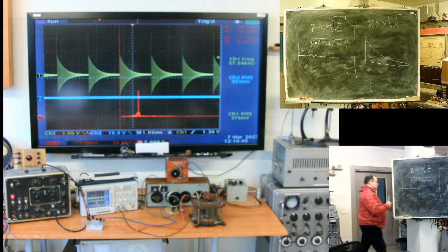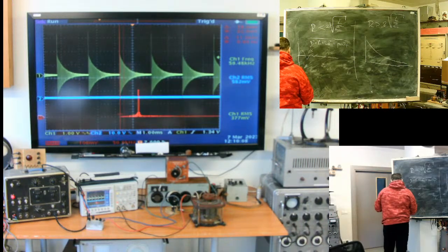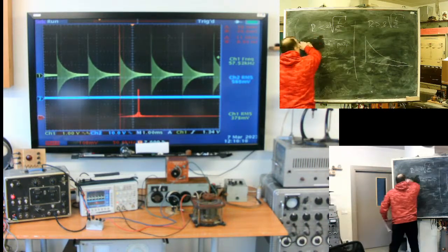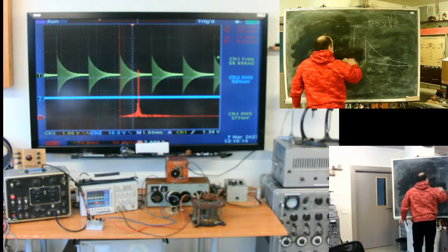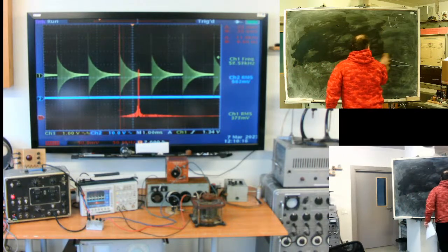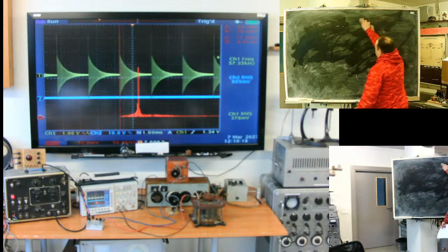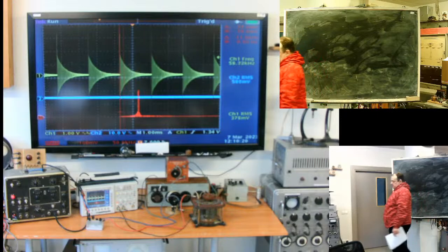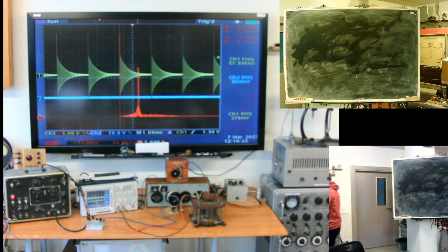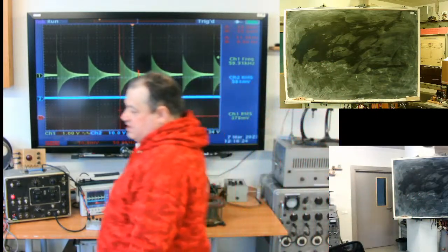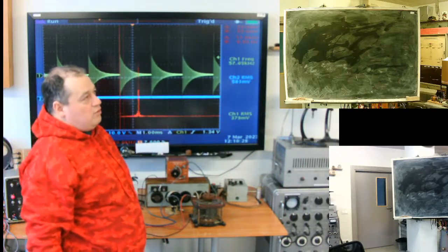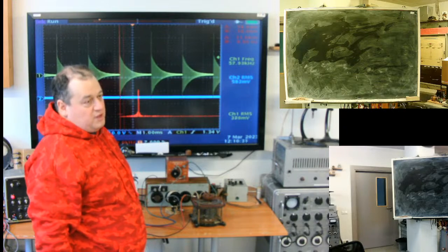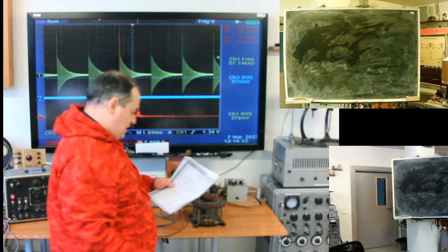It's worth knowing this. What would I write? If we have an oscillation contour, the frequency of free oscillation is a bit different from the frequency indicated by the zero of the imaginary part of input resistance or conductance.